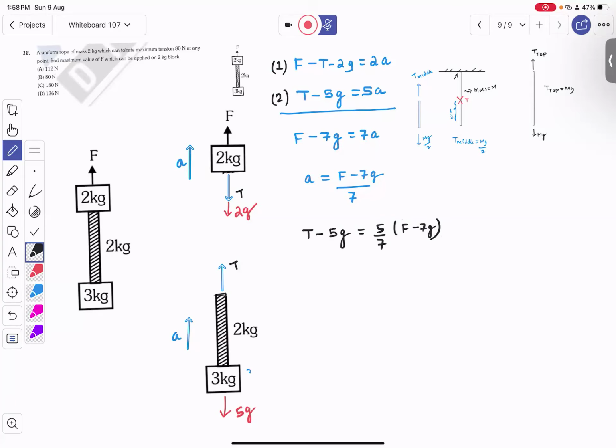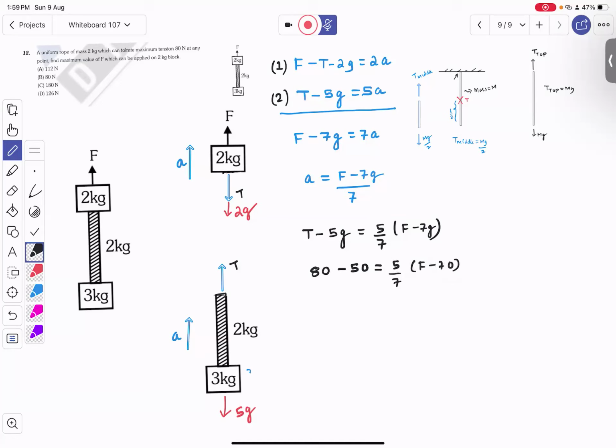The maximum tension it can handle is 80 Newton. So if T is going to be 80, what is the force F that is going to act? That is what we have to solve for. So I'll write T as 80. Why complicate things? I will plug the values in here. g is not given, so I'll take it as 10, but in the actual exam you should take it as 9.8. 5 by 7 into (F minus 70).